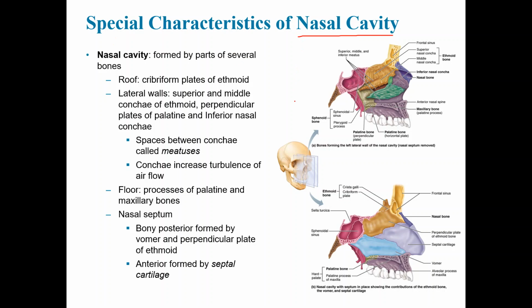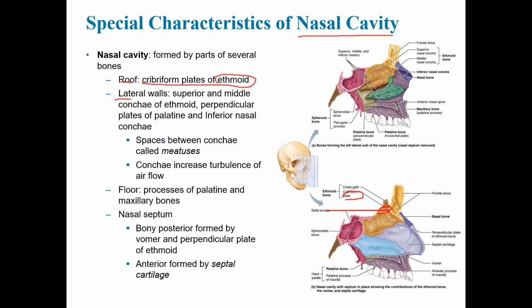The roof of the nasal cavity is formed by the cribriform plates of the ethmoid bone. Remember that when we talked about the ethmoid bone, we talked about the cribriform plates, okay? And so this is the roof. The cribriform plate forms the roof of the nasal cavity.